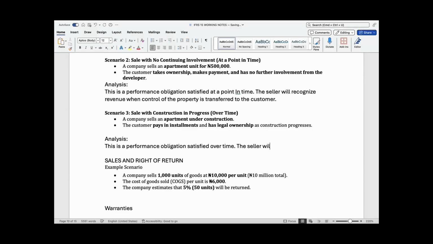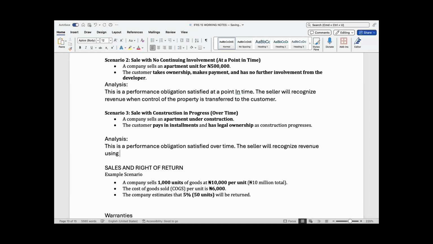So the seller will recognize revenue using either the input method or the output method, depending on the data available. So if he has sufficient data, then calculate using cost incurred to date, but he will gradually recognize the revenue over time.